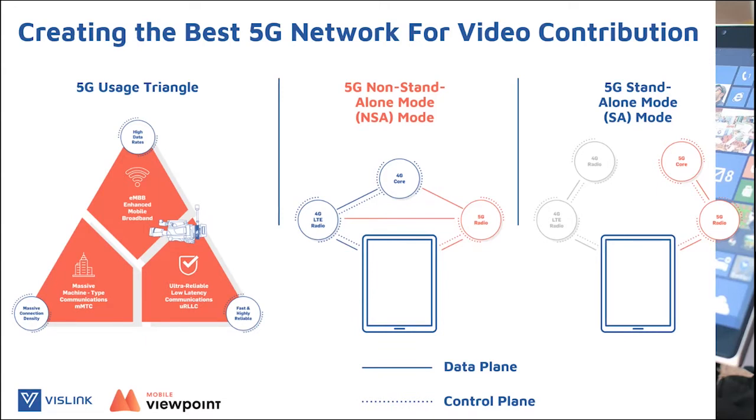Now, there are two types of network configurations that you can use. There's the non-standalone mode, and that's really what is mostly being implemented for public networks, the public networks that your phone might be using at this moment. That's a combination of the existing 4G networks that your phones may have been using, and also adding in a 5G capability as well.